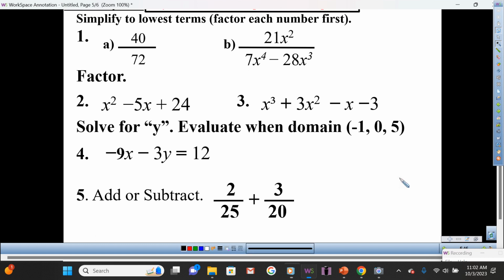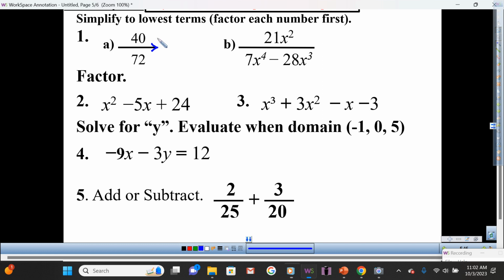So, yesterday I walked you through those once again, just to make sure we had them, yes? So, here goes number one more time. 1A. How can I write 40 in factored form? Well, let's see, Mr. Q. 5 times 8 is 40.